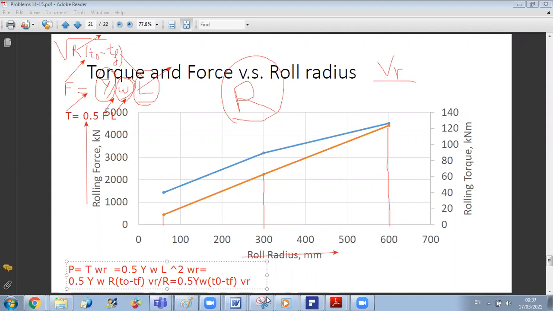So what can I deduce? I can deduce that if I fix the linear velocity of the rolls, even if I change the radius, the power will not change. So in this case, which is better for me, the smaller roll or the highest diameter roll?